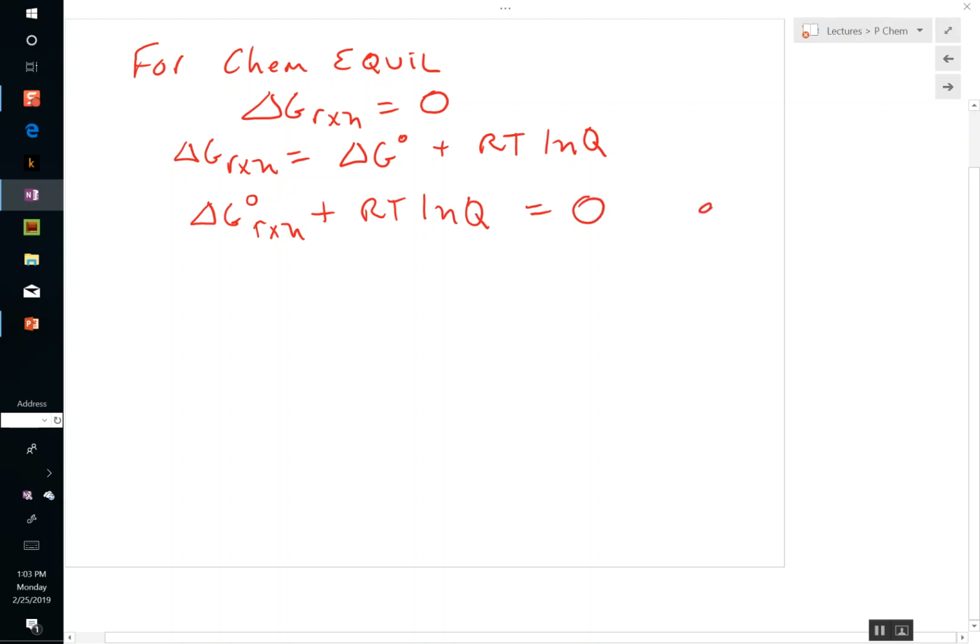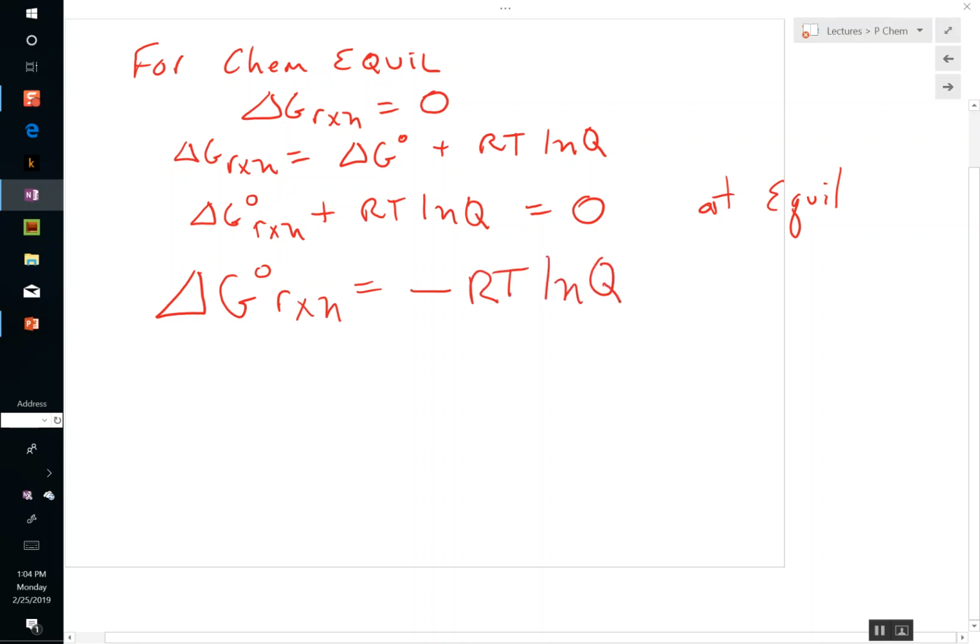This is at equilibrium. And so then delta G naught of reaction equals negative RT times the log of Q.